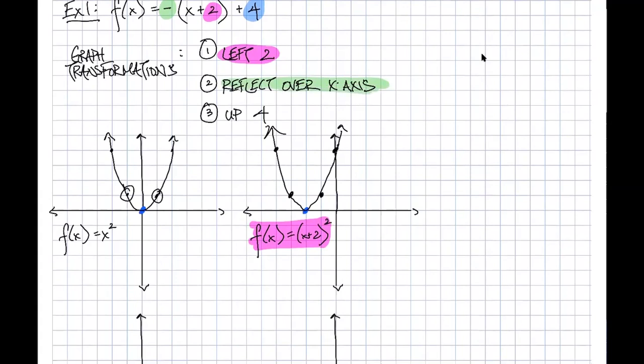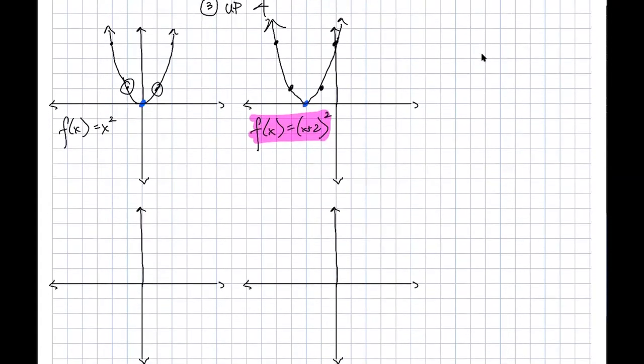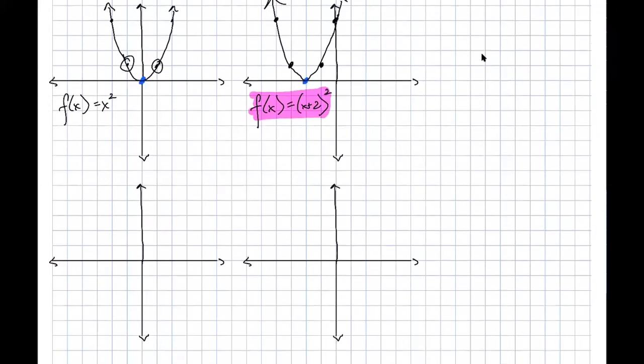reflect over the x-axis. So I'm going to take this picture and I'm going to flip it over the x-axis, okay? Let's come down here for that one. Now my center point is going to stay, but all the other points that were above the x-axis are now below the x-axis.